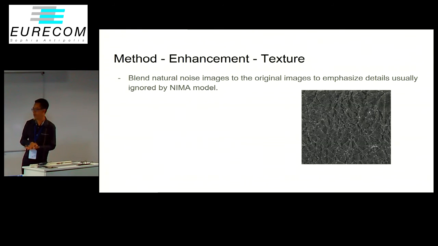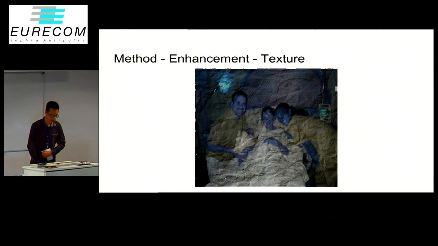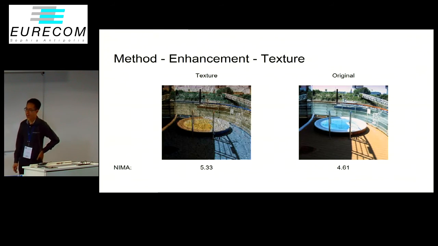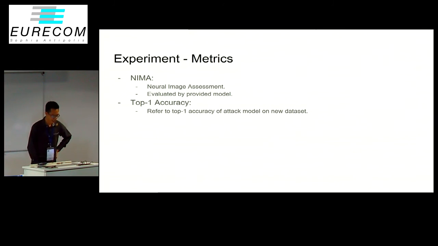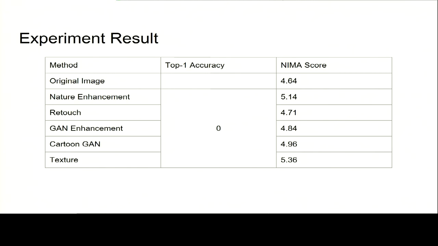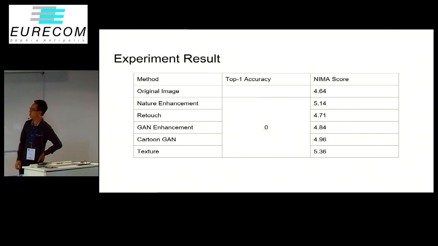This makes the image non-photorealistic, and it looks something like this, but it has a really high NIMA score. In the final result, the NIMA score is pretty high for natural enhancement as well, but texture enhancement is actually the best.